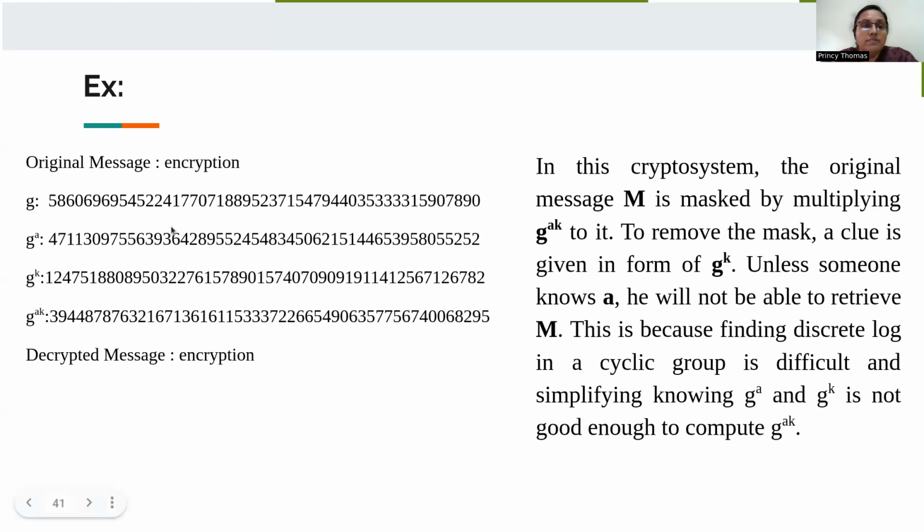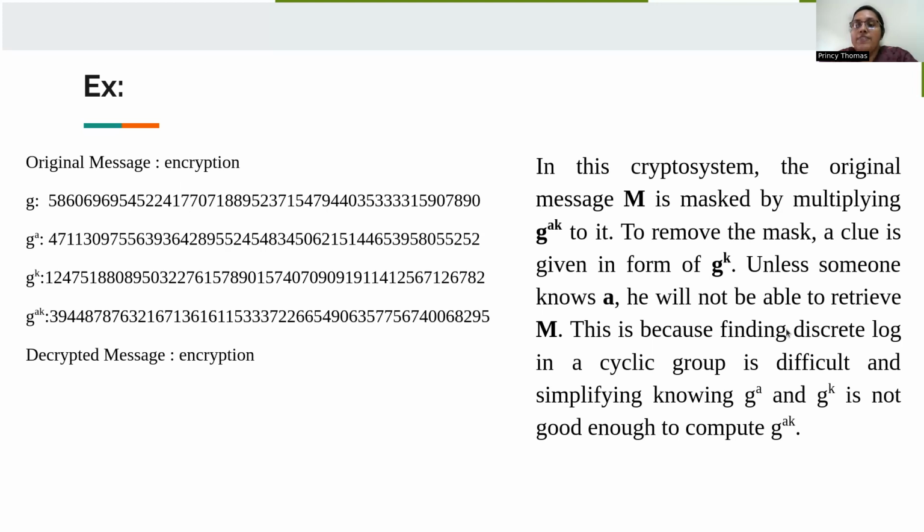Okay, and the reason this can be done is given over here on the right-hand side. In this crypto system, the original message M is masked by multiplying with G raised to AK. To remove the mask, a clue is given in the form of G raised to K. But by knowing G raised to K or G raised to A, G raised to AK cannot be found. Unless someone knows A, he will not be able to retrieve the message.